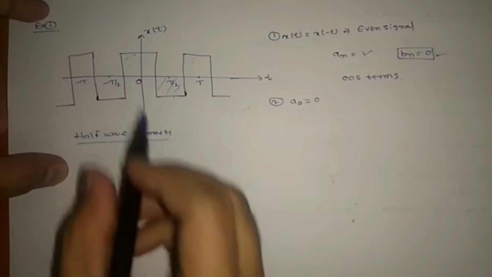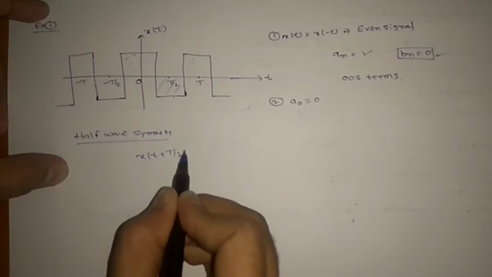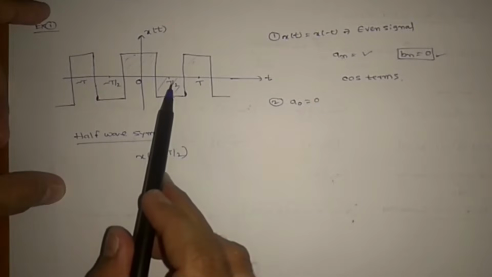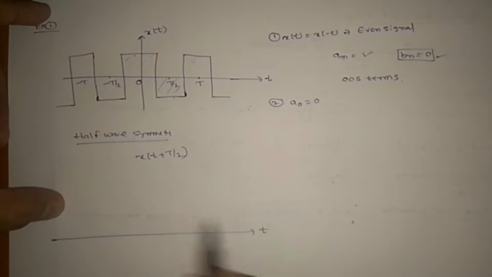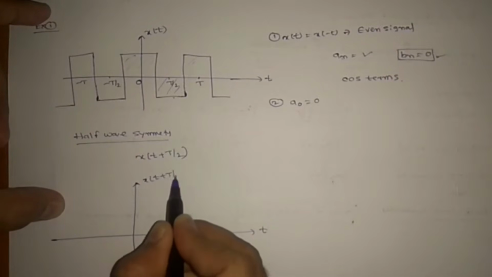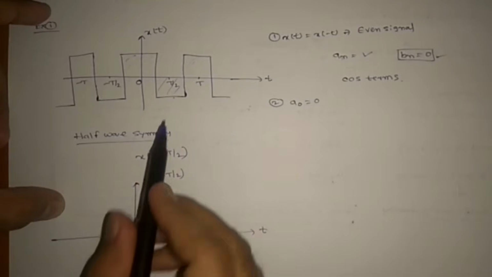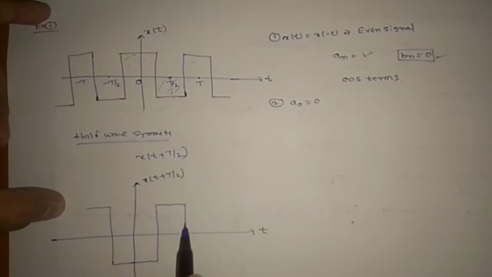What is this? We want x of t plus t by 2. So what will happen? This complete signal will shift by half. So next, what will you get? This is t, we want x of t plus t by 2. Okay. So what will happen? This one will shift left, right? So it will be like this, right?